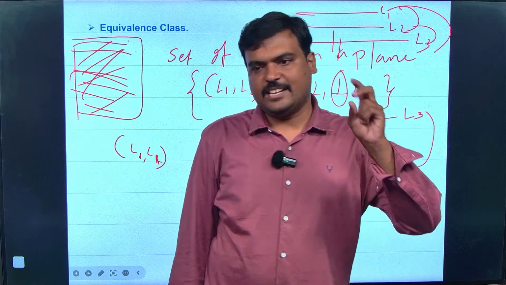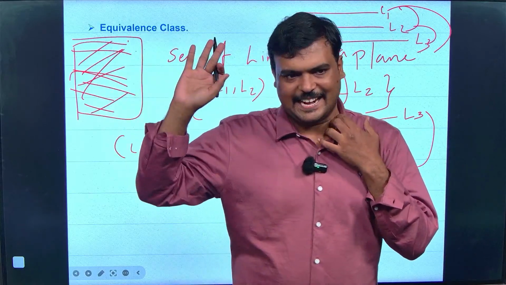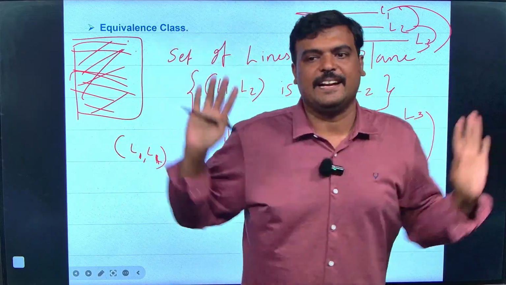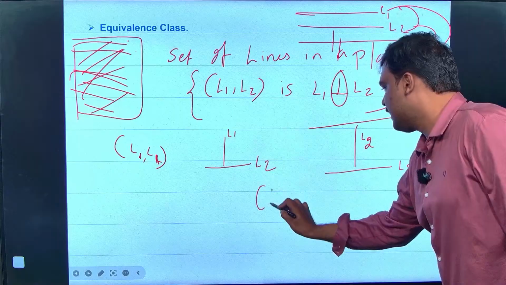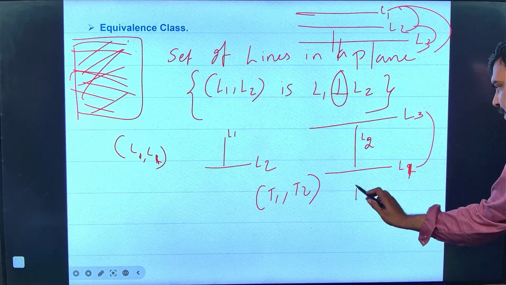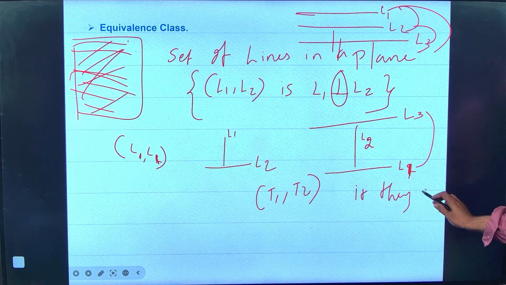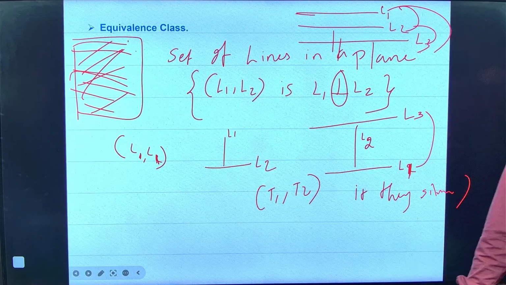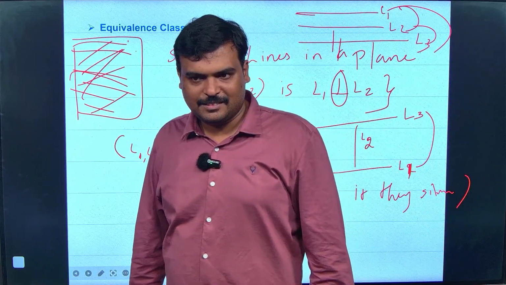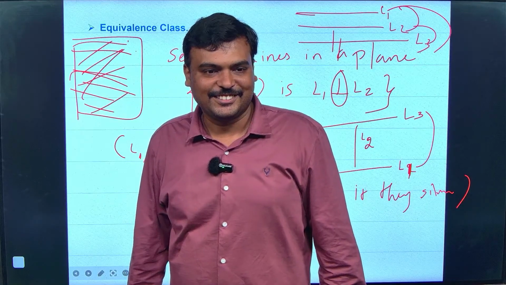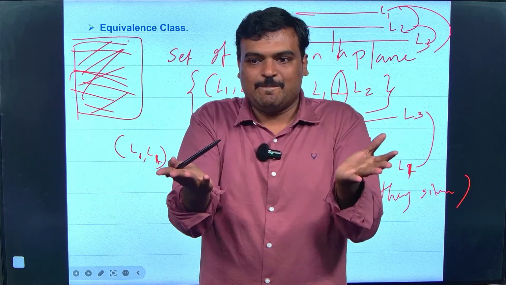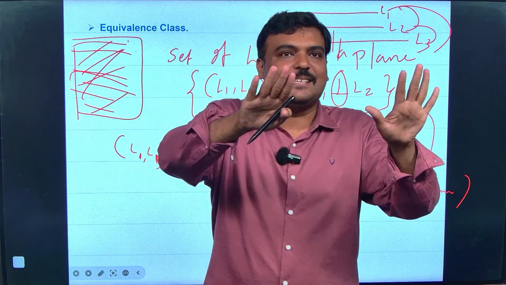If I take two triangles and they are similar, they will be related. T1 comma T2 will be related if they are similar. Guys, whether a triangle to itself will be similar? It is the same triangle. To itself, similar. A triangle to itself will be similar.